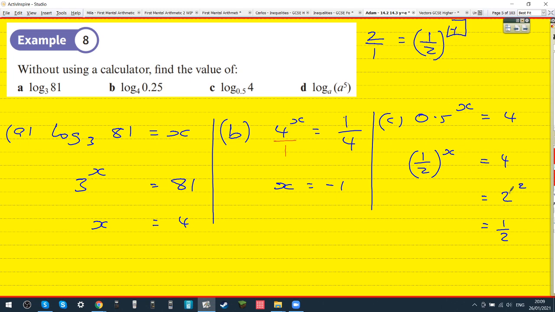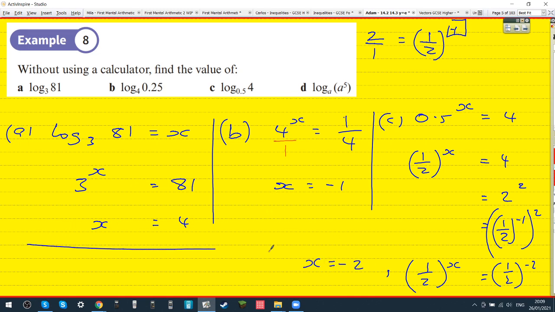So 2 is the same as a half to the -1, and so 2 squared is the same as a half to the -1 squared. Power to a power, what do you do there? You multiply, so it'd be -2. And so a half to the x is equal to a half to the -2. By inspection, what is x? -2. Yeah, x is -2.